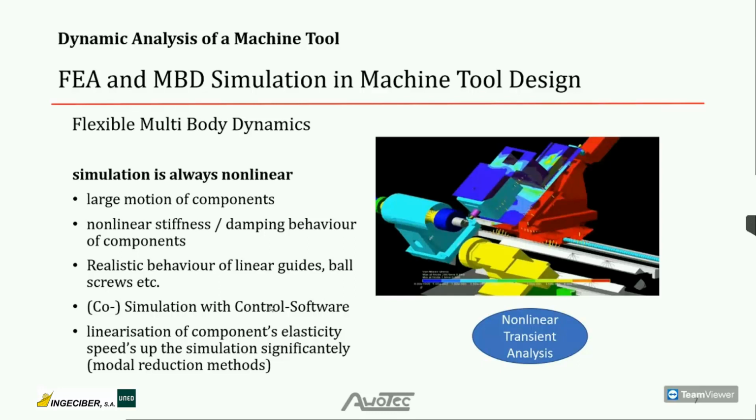We can include nonlinear stiffness and damping behavior of components, and it is possible to include formulations that allow a realistic discretization and idealization of linear guides, ball screws, or other machine components. The multi-body dynamic simulation could also be coupled with control software simulation in a so-called co-simulation.